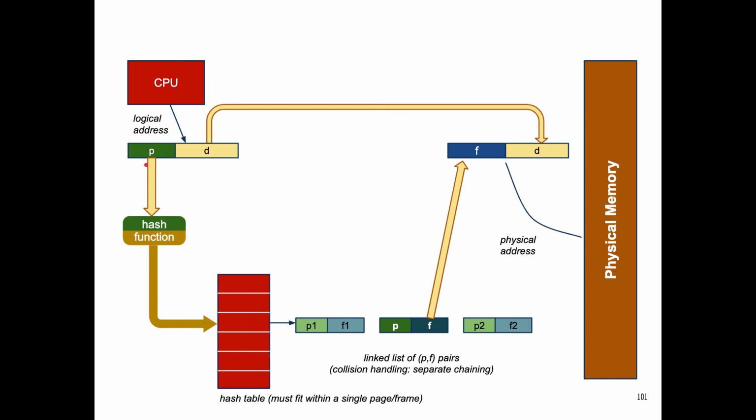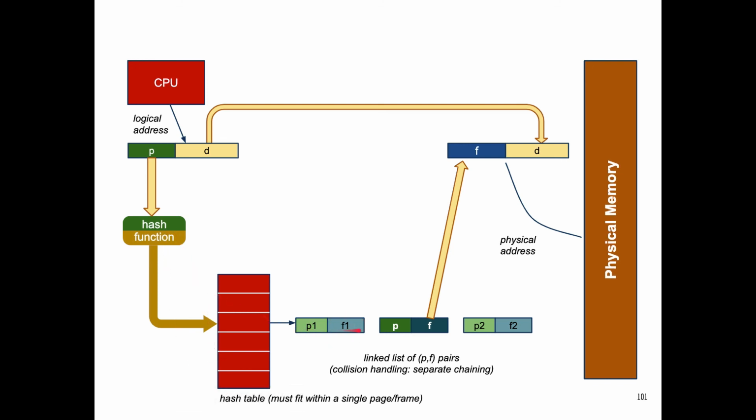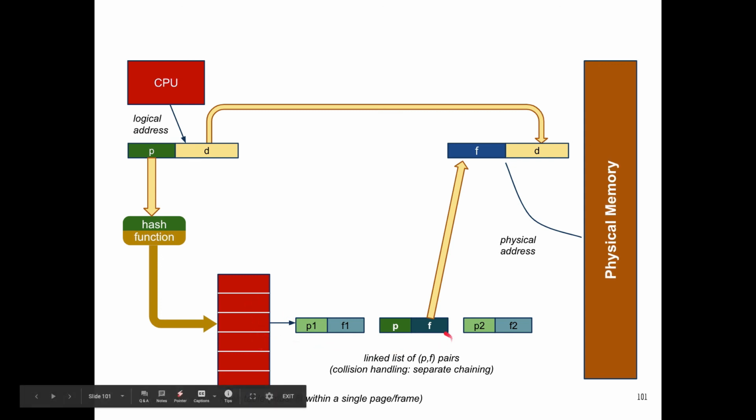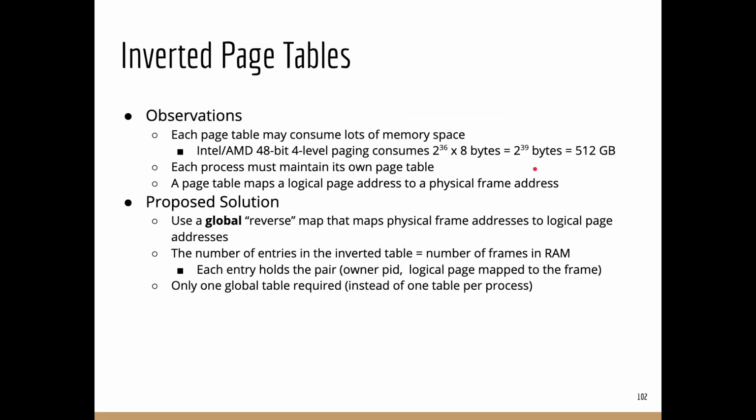The page number will be converted into an index using the hash function, and then a matching page number will be searched inside the hash table. Whenever there's a match, the frame number corresponding to the incoming page number will be used to generate the physical address.